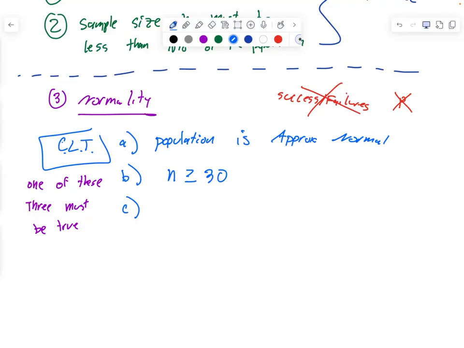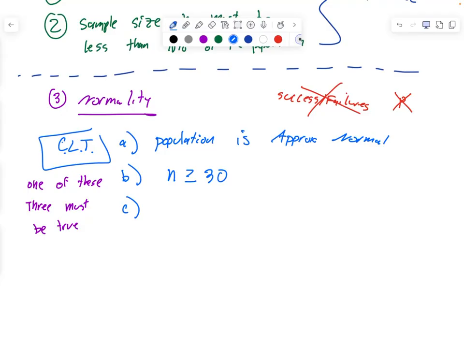And it says basically there's very few populations where, once you get a sample size of 30, it still won't be enough. Here's an example. If you look at the salary of CEOs, that is so extremely skewed that in order to turn it into approximately normal, you need almost a sample of 100. But for the most part, n greater than 30.